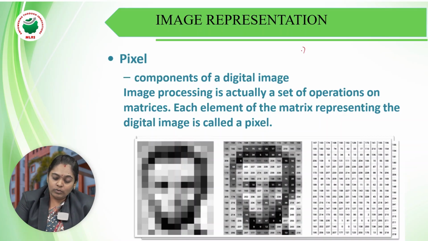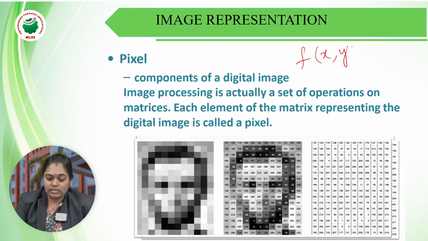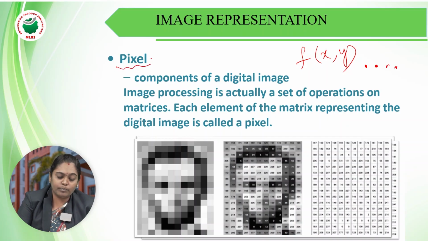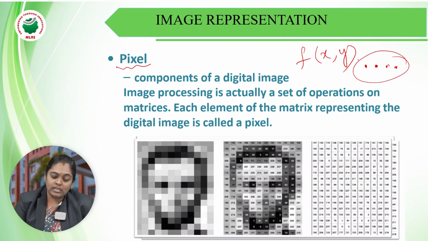As I told you, an image is two-dimensional and can be represented as f(x, y). Each point in an image is called a pixel. A group of pixels forms an image, so the basic component of a digital image is a pixel.